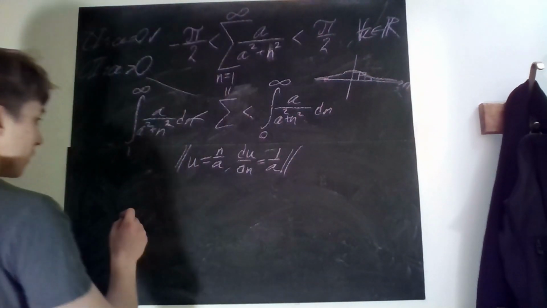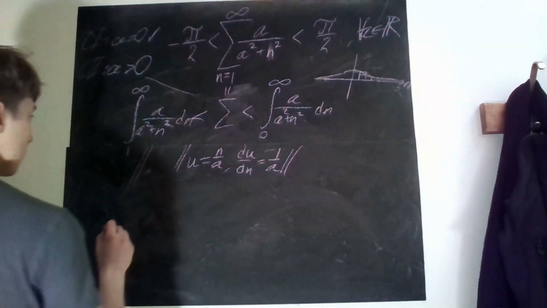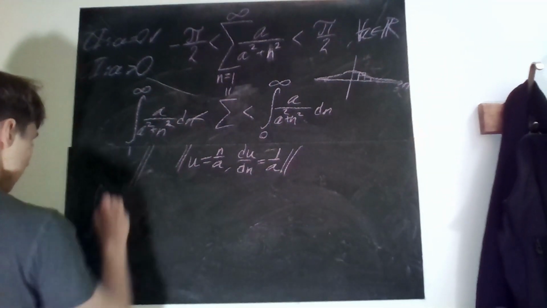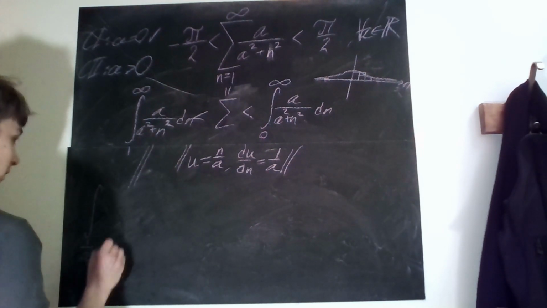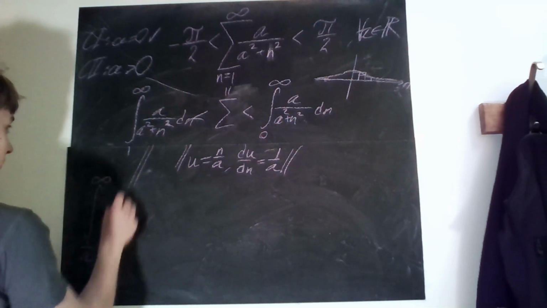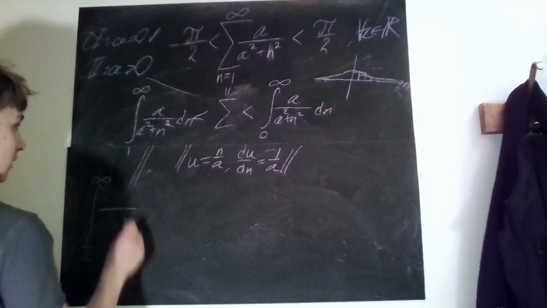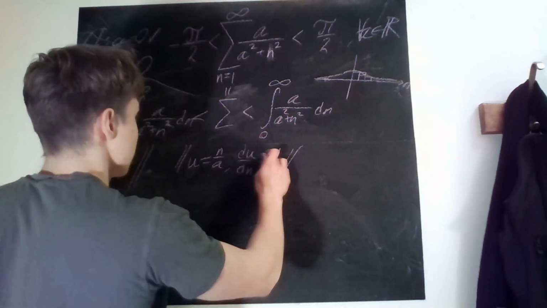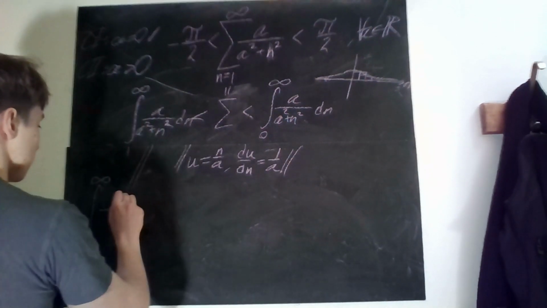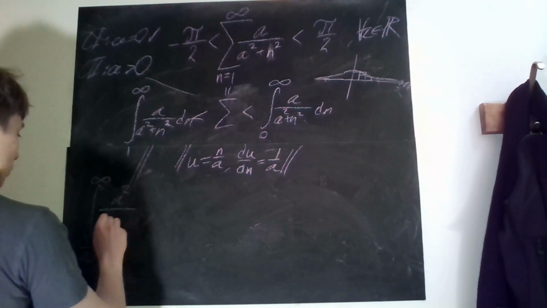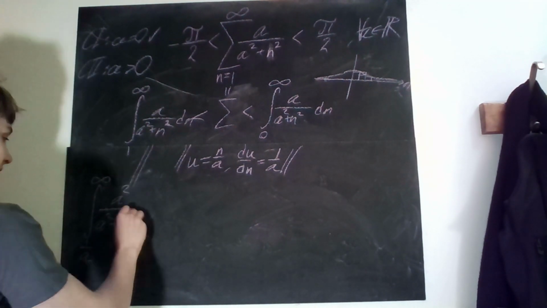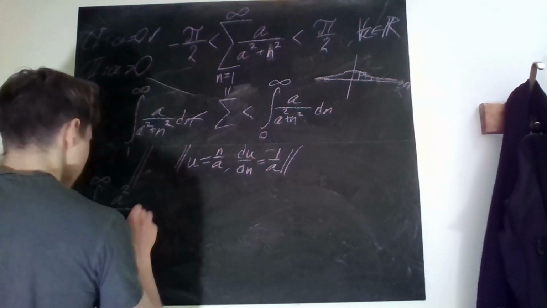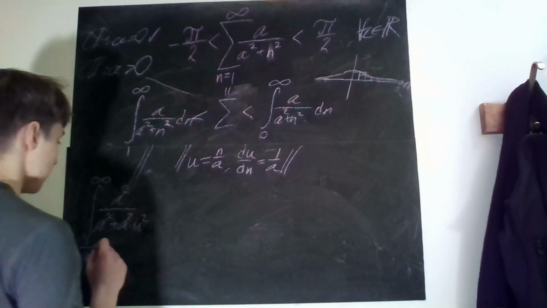So we do that for both of these, so that is equal to, we now start at 1 over a, and still end at infinity, and dn is equal to du times a. So this becomes a squared over a squared plus a squared times u squared, and then all the a's just disappear, du that is.